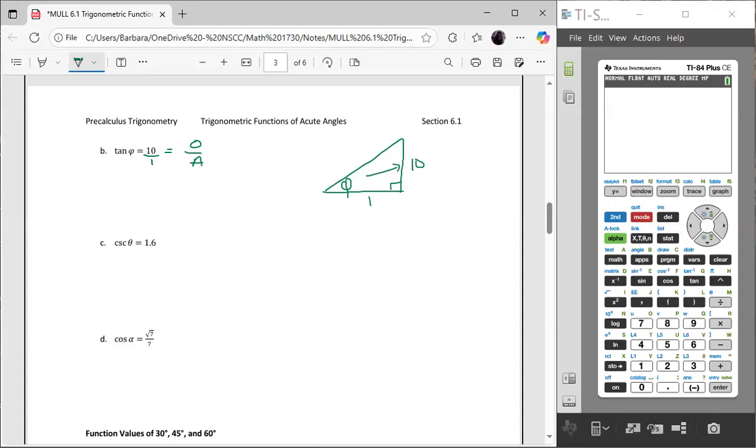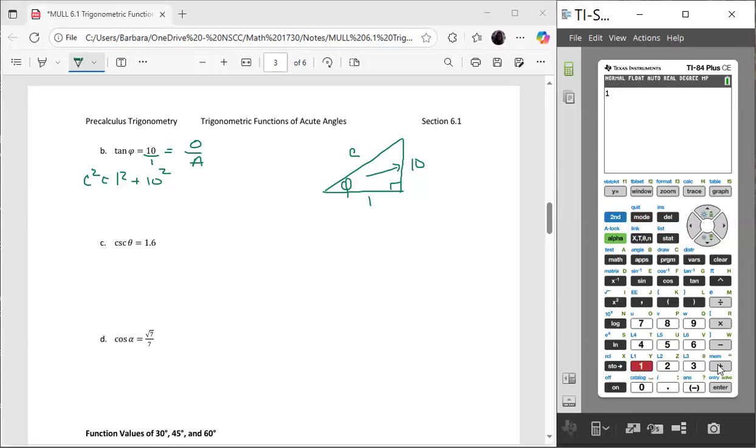Using Pythagorean theorem to find C, we have C squared equals 1 squared plus 10 squared. I'll go ahead and do that on my calculator. So 1 squared plus 10 squared is equal to 101.